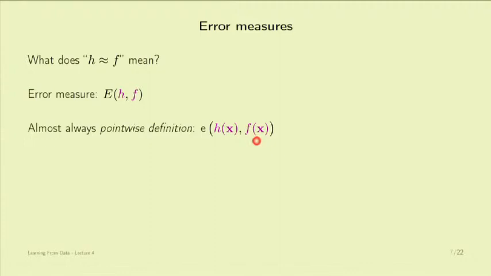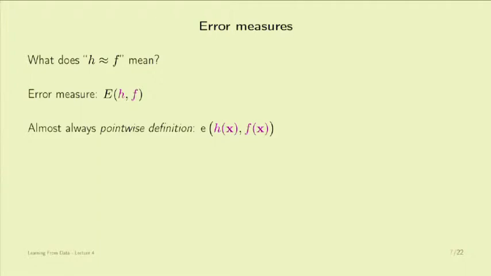That makes sense. I'm trying to compare functions. I want them to be the same on the same point. Therefore, if I compare them for every point this way, then I will get something meaningful, and then I will need to do something about the different small e's that will get me the big E. Although this is not strictly required by the definition, you could have a crazy error function that does not reduce to corresponding points, but invariably this is what you are going to do.